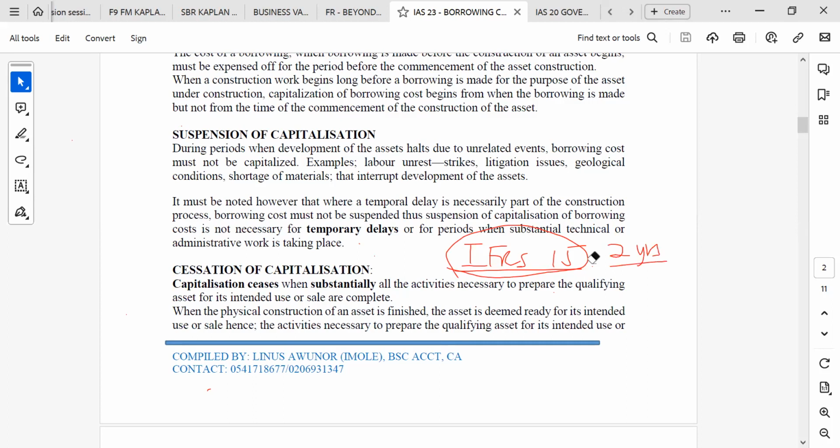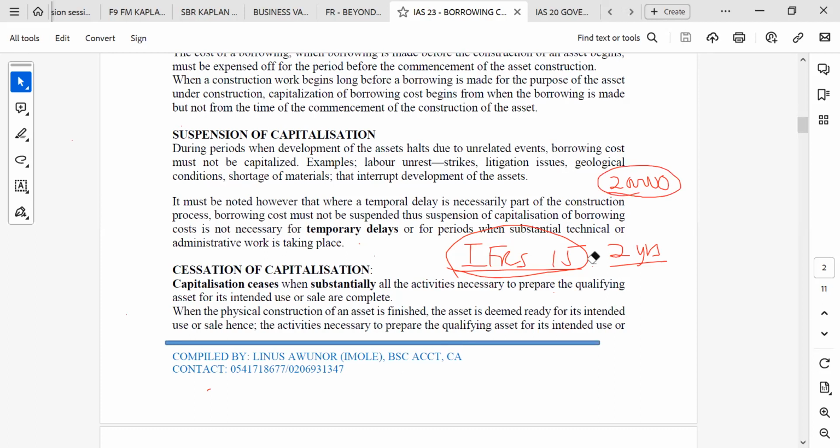That is when we have transferred ownership to the third party. It can also happen that the third party will make an advance payment. At the time that we sign the contract for the construction, the people can give us 200,000. We haven't given the asset to them, but they have given us 200,000. So this 200,000 will be treated as a loan.